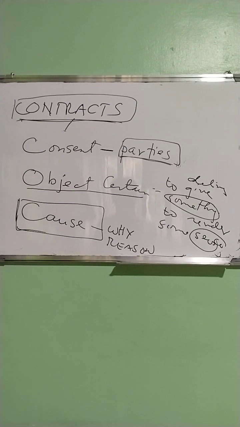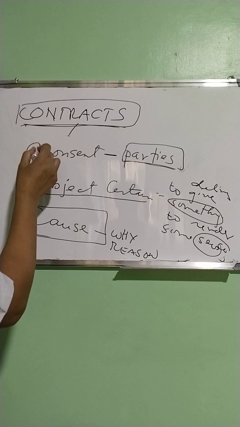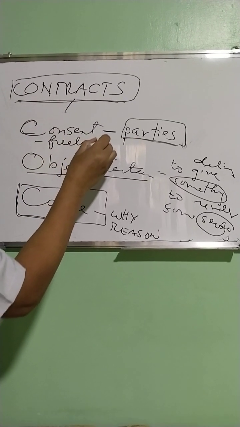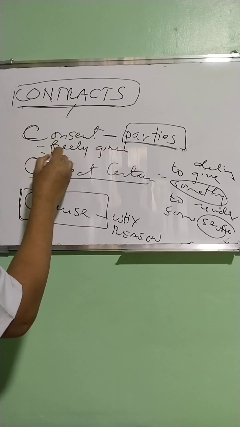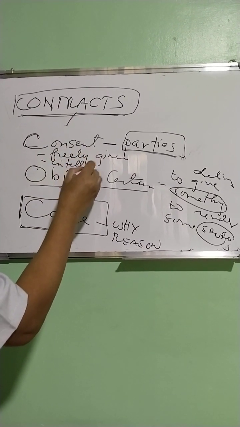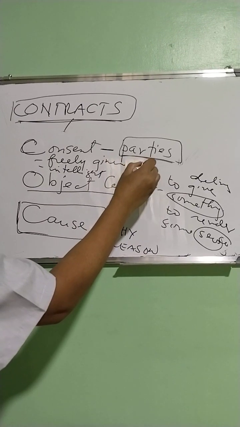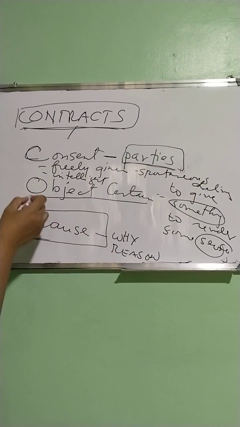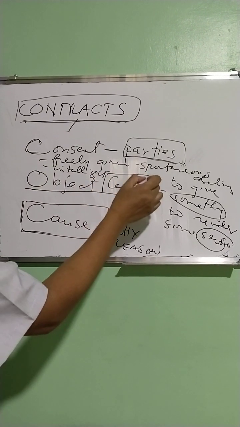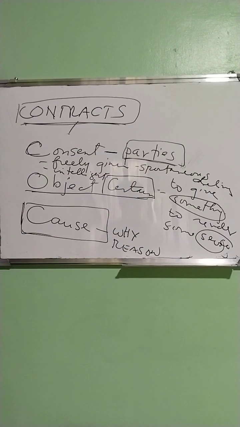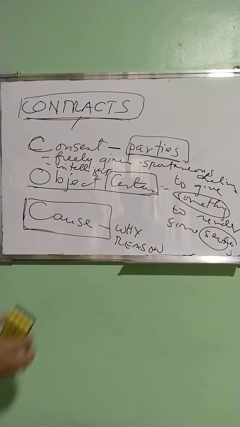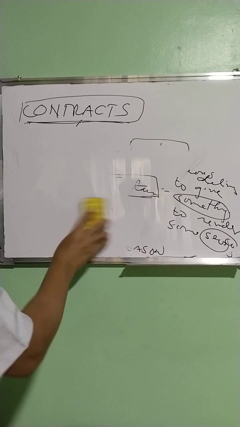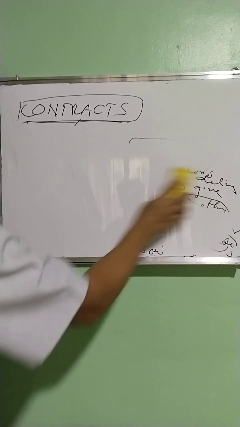And in the case of consent, it has to be freely given, intelligent, and spontaneous. For the object, it has to be certain or capable of being certain. Clear? This is just a review because I discussed this in our previous meeting.